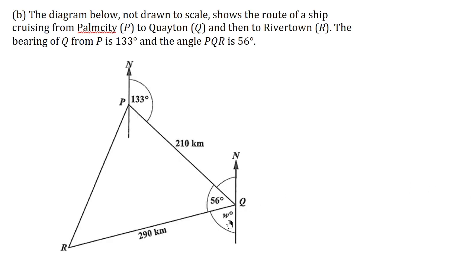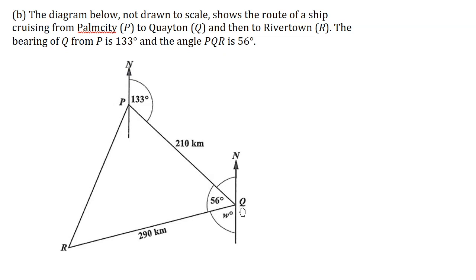So this here is angle W. Now in order to find the angle W, I need to find here first angle NQP and then utilize the fact that the angle of a straight line is 180 degrees. So I could add up angle NQP plus 56 and subtract it from 180 degrees.